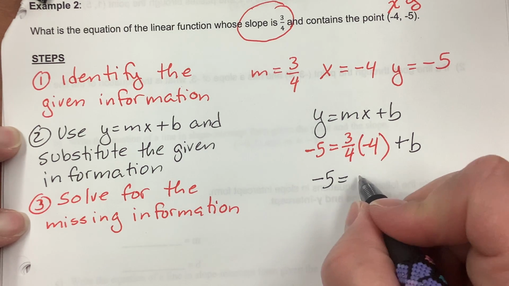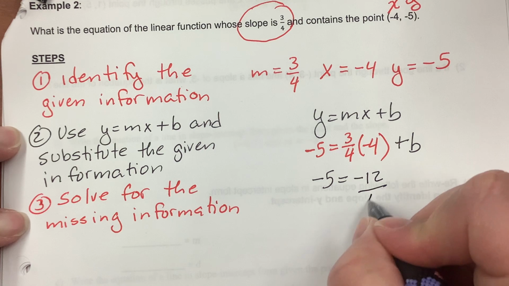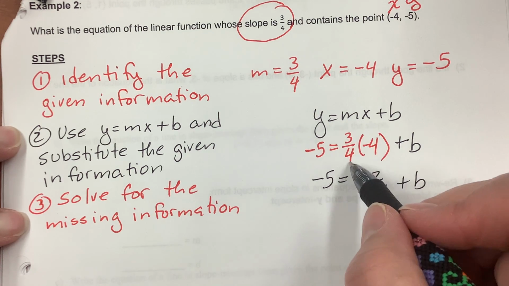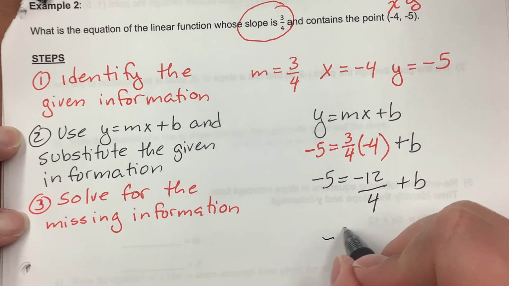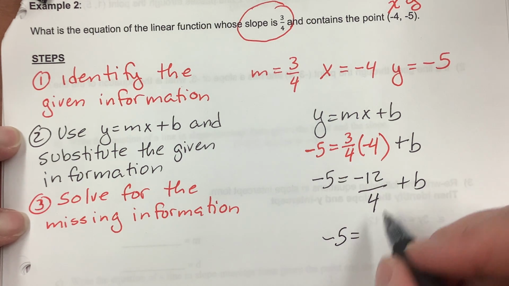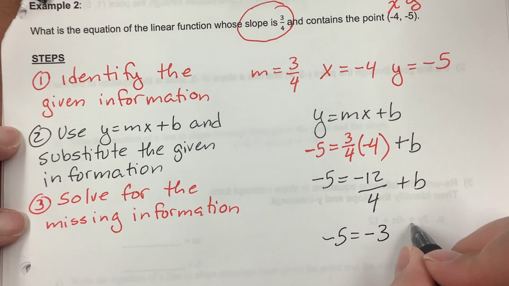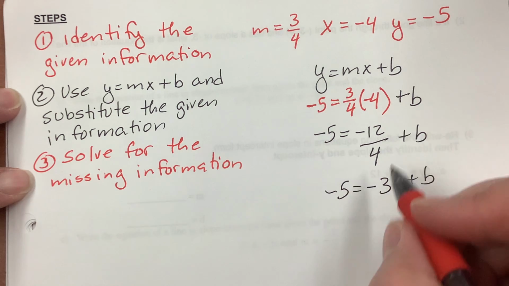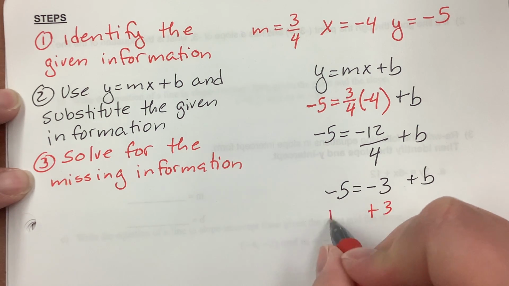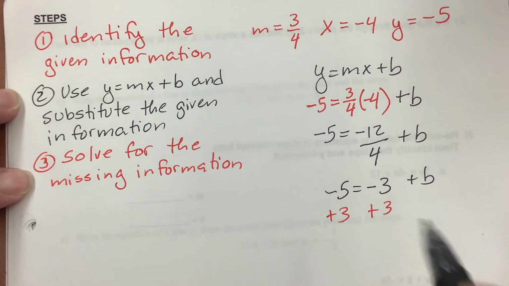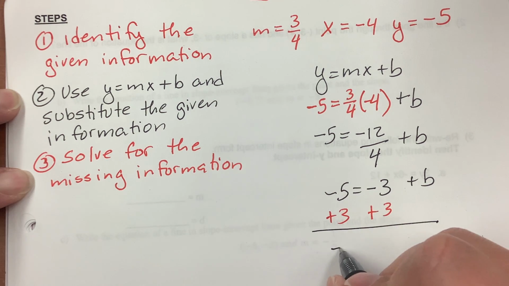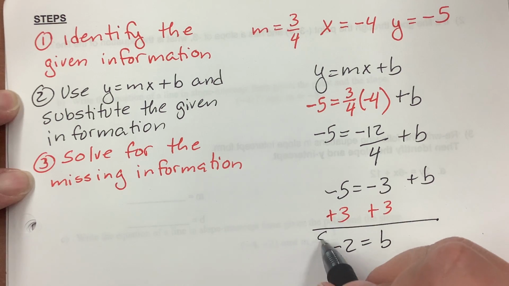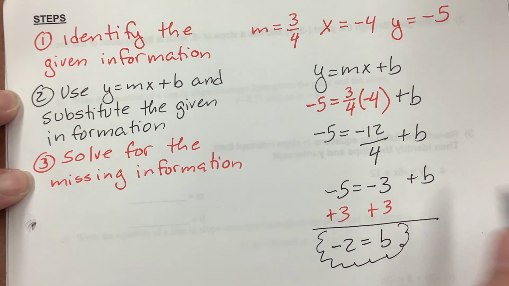Well, 3 times -4 is -12 divided by 4 plus b, because you multiply the top and divide by the bottom. Let's see, -5, -12 divided by 4 is -3 plus b. What am I doing here? I'm going to add 3 to both sides, and I get -2 equals b. Okay, that's going to be important. I'm going to put a little puffy cloud around that.